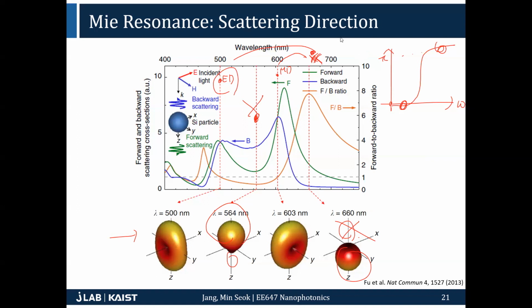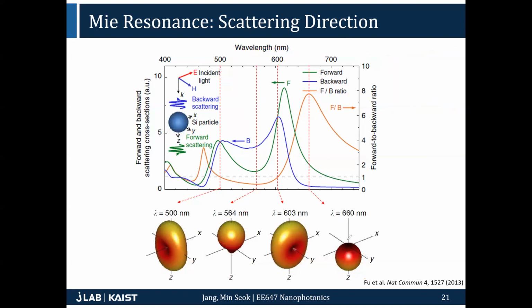And then people realize that, oh, this is really nice. Because another thing that I would like to mention is that in order to obtain a perfect forward propagation, the amplitude of the electric dipole response and the amplitude of the magnetic dipole response must be the same, so that they can cancel out completely, right? So that's another consideration.